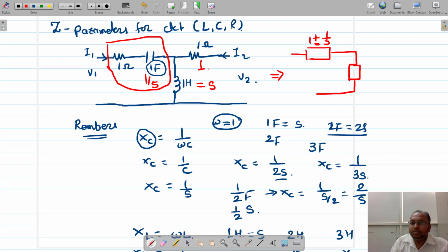Now this is also simply an impedance which is representing S, and this is also an impedance. Though there is a resistor, we are going to call this right now an impedance. Are you getting it? Okay, so if I do the cross multiplication, what is going to happen? After simplifying this, it will be represented as S plus 1 divided by S.